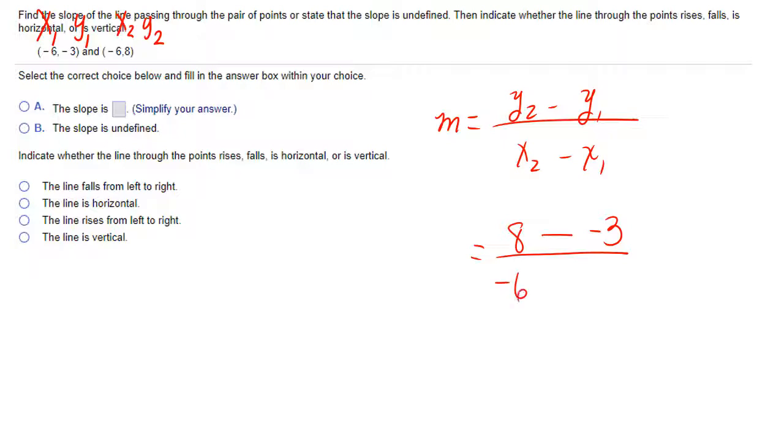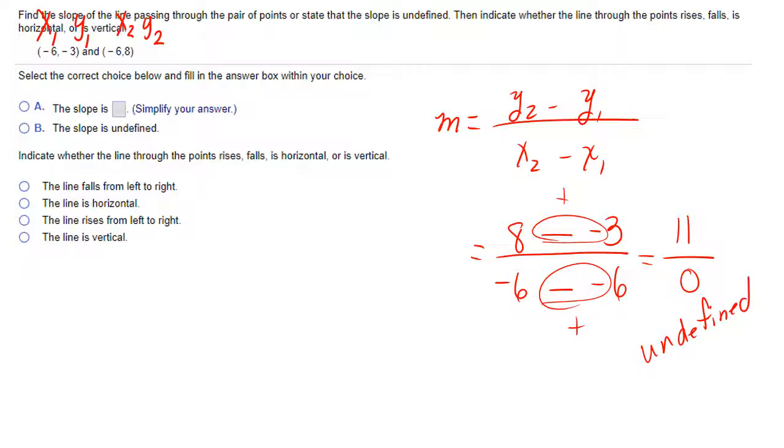I have a -6 and another -6 as my x coordinates, and I must subtract those. In both cases, when you subtract the negative, that becomes positive. So my answer gives me 11 over 0. Now remember, anytime you have a 0 denominator, that means your fraction is undefined. If you have an undefined fraction, then we also say the slope is undefined. The slope is only undefined if the line is vertical.